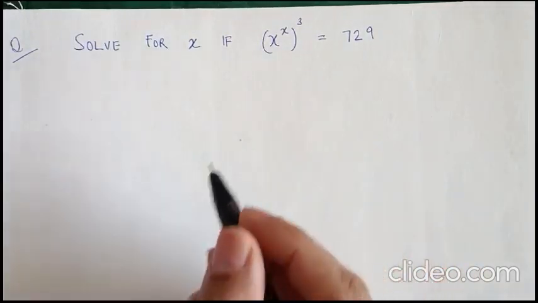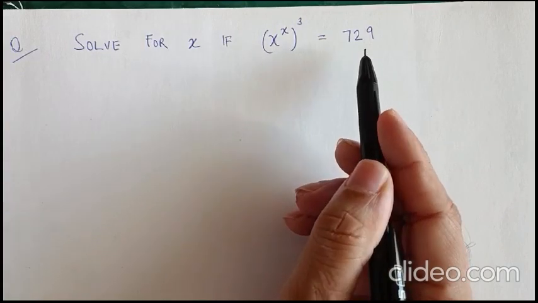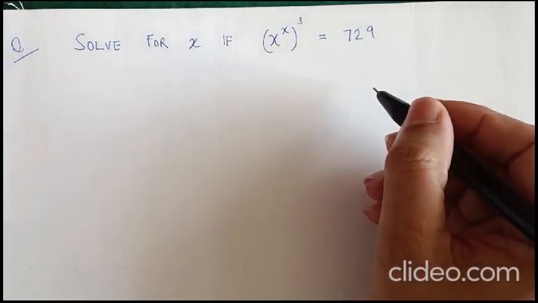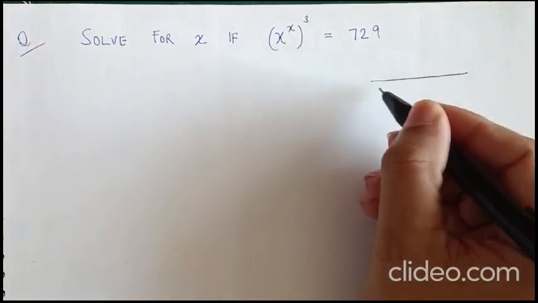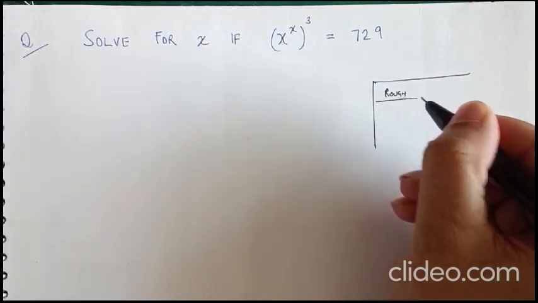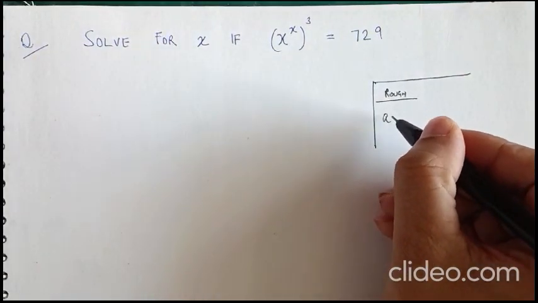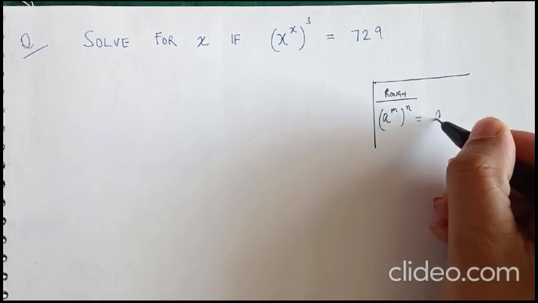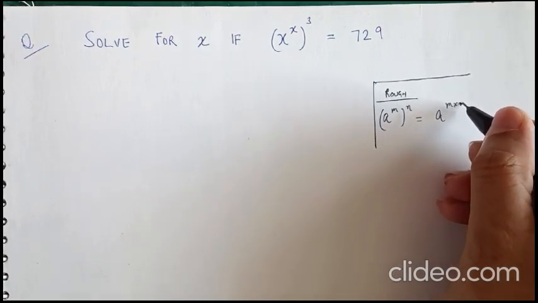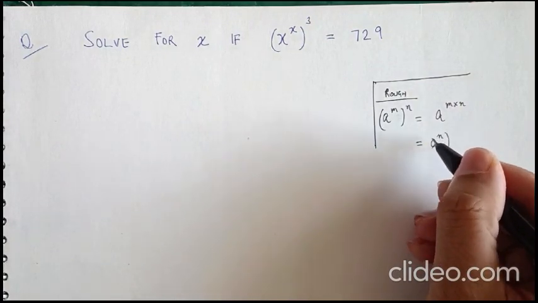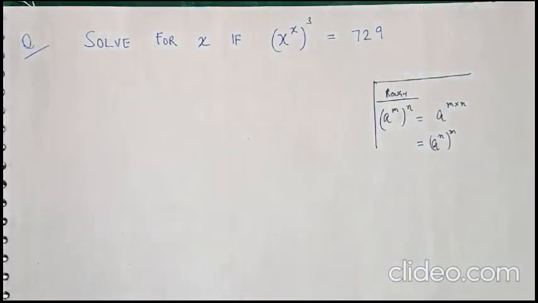Okay, so x to the power of x to the power of 3 is equal to 729. So our first step here is to use, so we will do some rough work here. Now we know two things: a to the power of m to the power of n is equal to a to the power of m into n, and this is also equal to a to the power of n to the power of m.